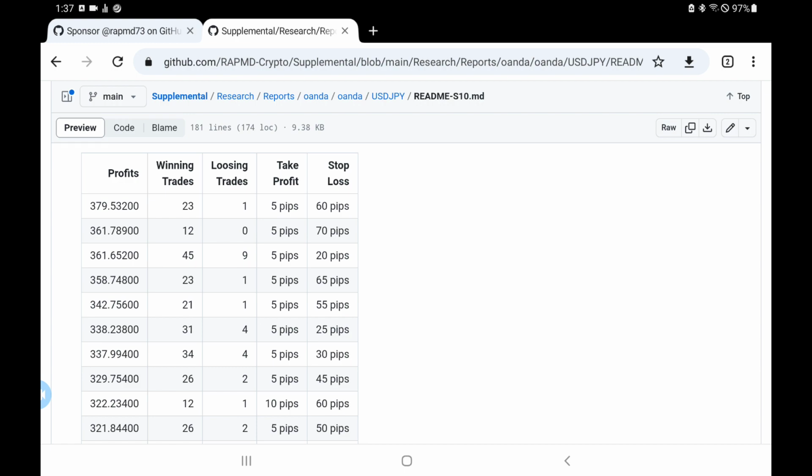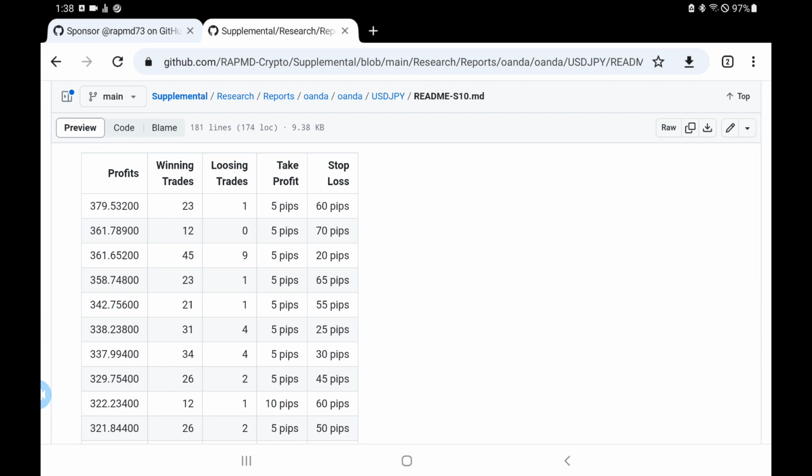And we can see from this analysis, and this is testing 5 pips to 30 pips for a take profit against a stop loss of 5 pips to 500 pips. I run every single process to determine the best in this table.